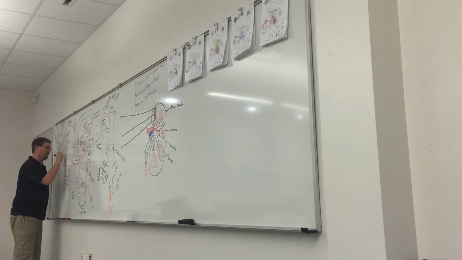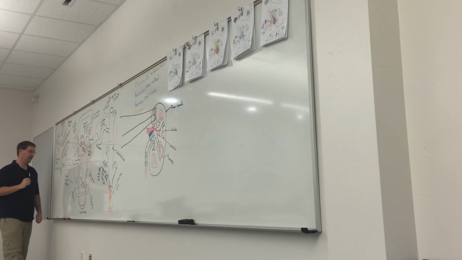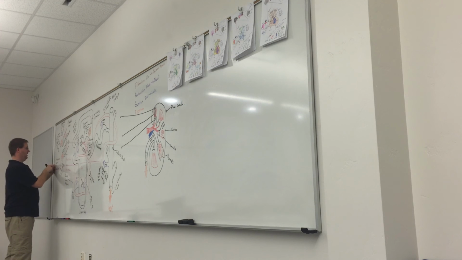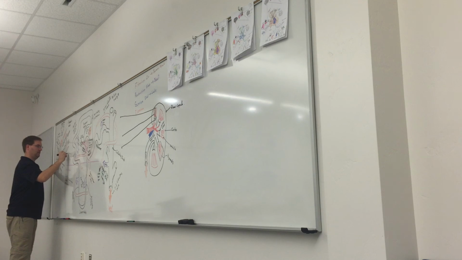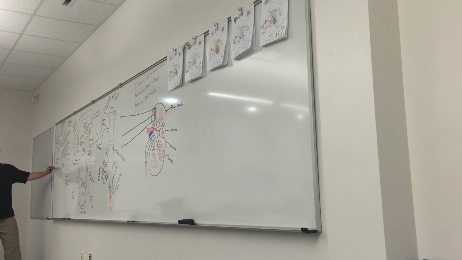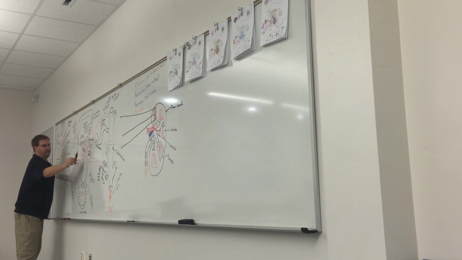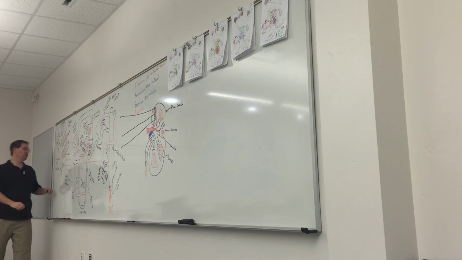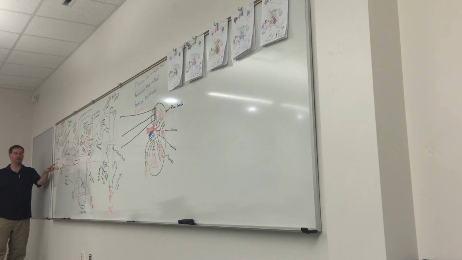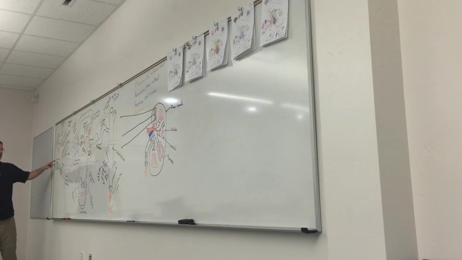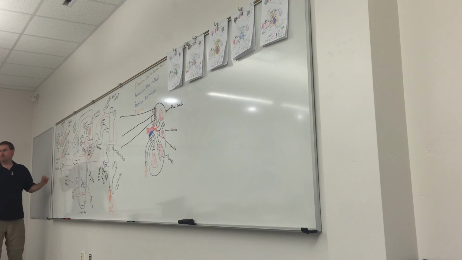Those are the juxtaglomerular cells. All right? And that's where renin's stored? Yeah. So renin is stored within the juxtaglomerular cells, and this whole structure here is known as the juxtaglomerular apparatus. Okay? Are you guys cool with that so far?